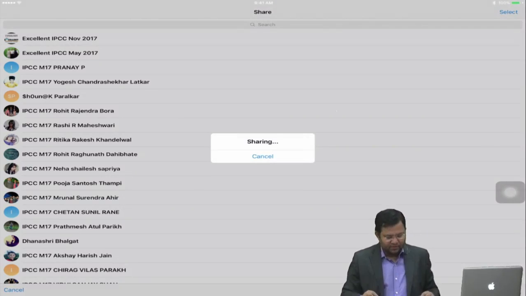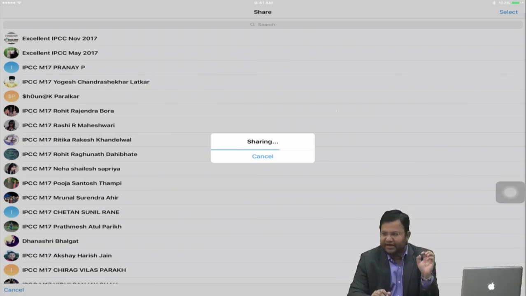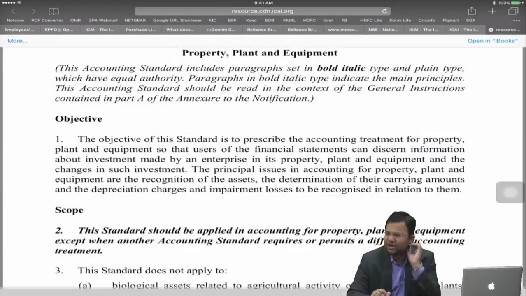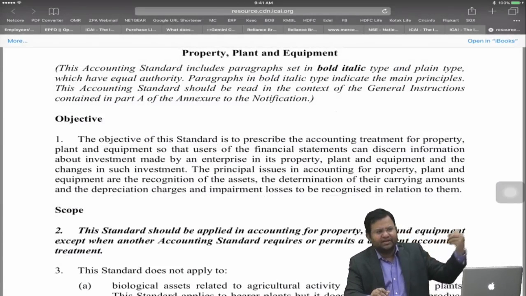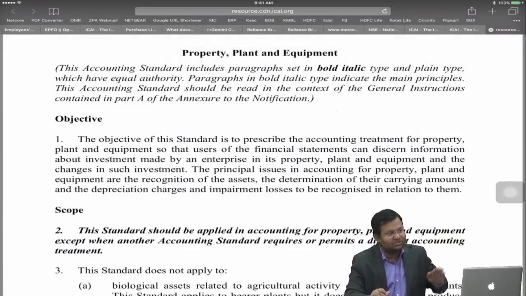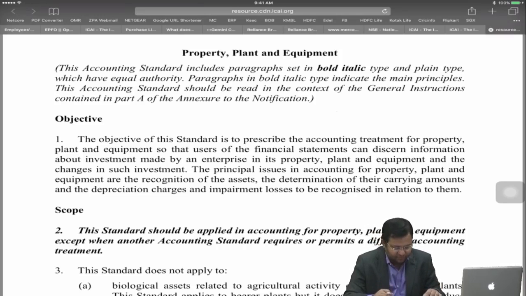So before I proceed with the explanation of AS10, some basic background is required for accounting standards. Let me explain the basics. I'll not go into too much detail. A basic introduction to standards I am going to cover at the end, because normally I have observed that an introduction to standards at the beginning does not give you complete understanding, because you don't know the ABCD of the working of the standards.